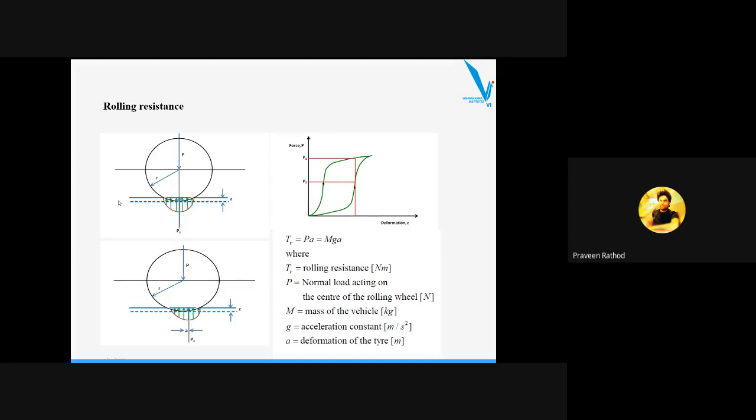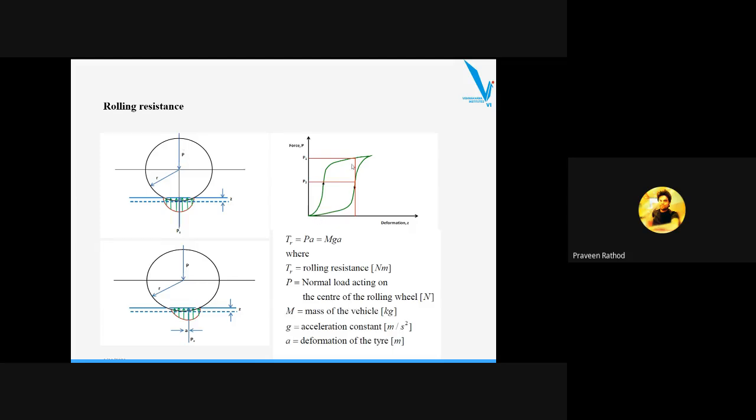And the center line of the force, meaning which resultant force is acting here? The center line of the resulting reaction force, Pz, is aligned with the P. Here it is aligned with P, and the deformation we call Z, versus the load P, in the loading and unloading process.